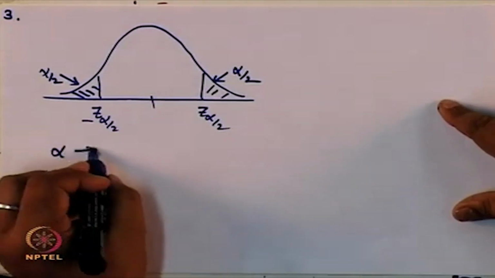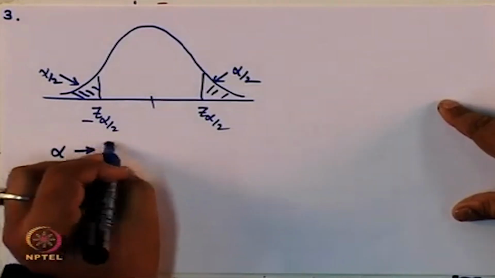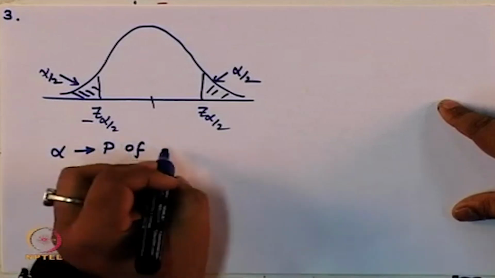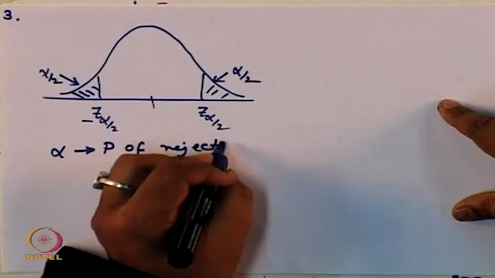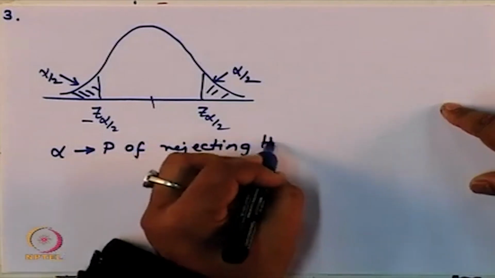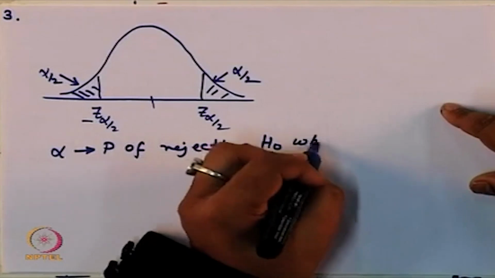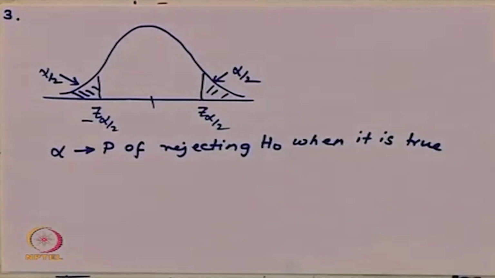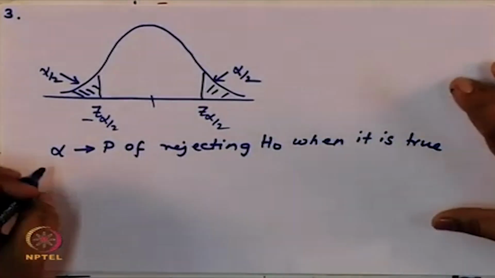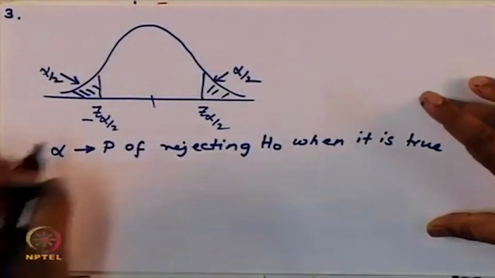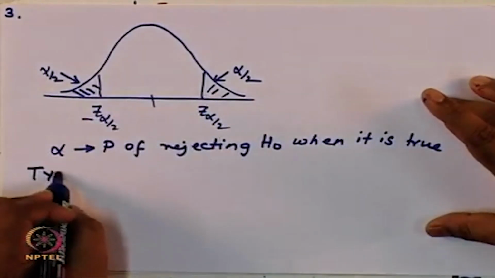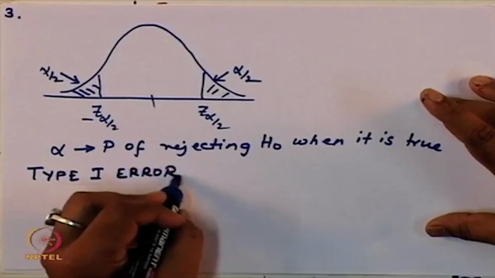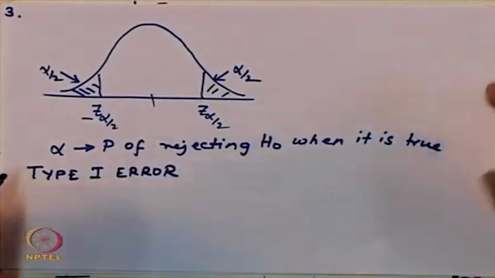So, alpha represents the net probability of rejecting H naught when it is true. But alpha you have some control over. So, this is called a type 1 error, which means that you can reject H naught when it is still true.